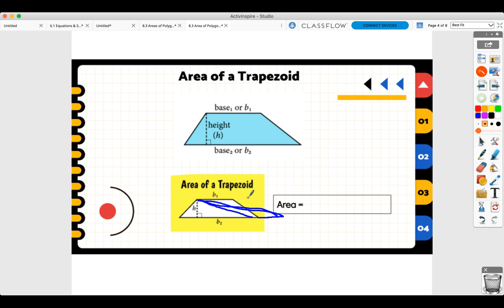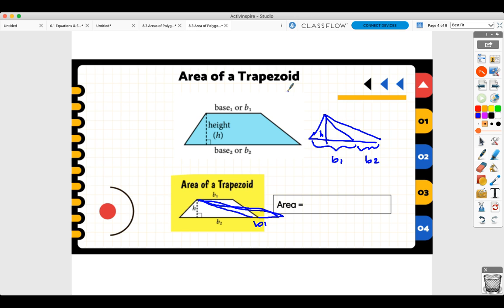So you're going to have base 1 over here, and now we know this looks like a triangle. You have base 1, base 2, okay?